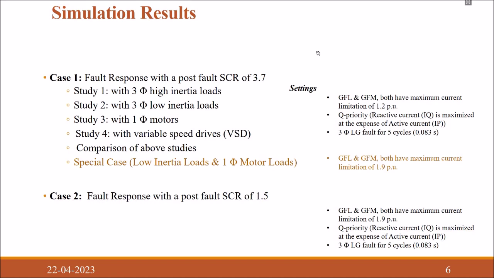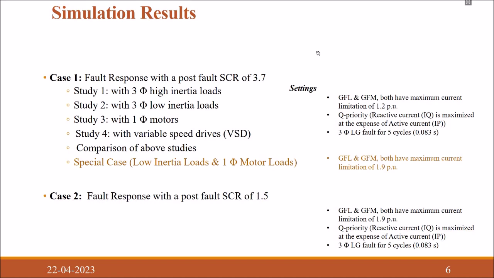And there is a special case where the maximum current limitation has been increased from 1.2 per unit to 1.9 per unit, and a three-phase LG fault, which means a triple LG fault, has been applied here for 5 cycles. And in case 2, where we have a weak grid, we have the maximum current limitation of 1.9, and as I already told, we have taken a reactive power priority system.